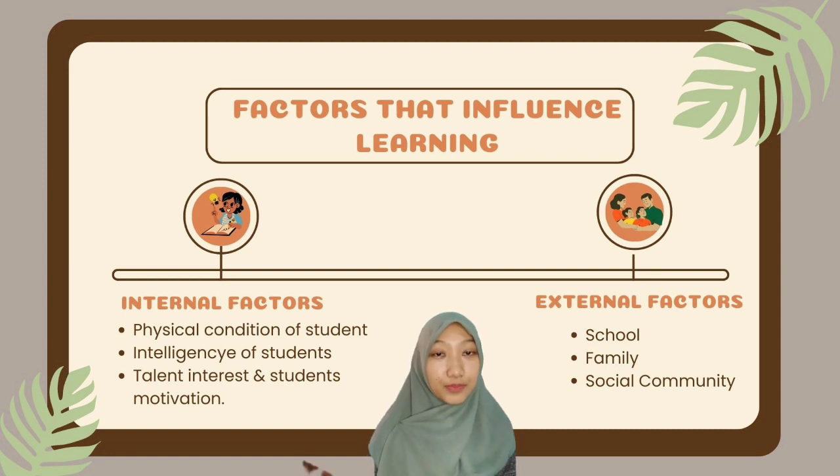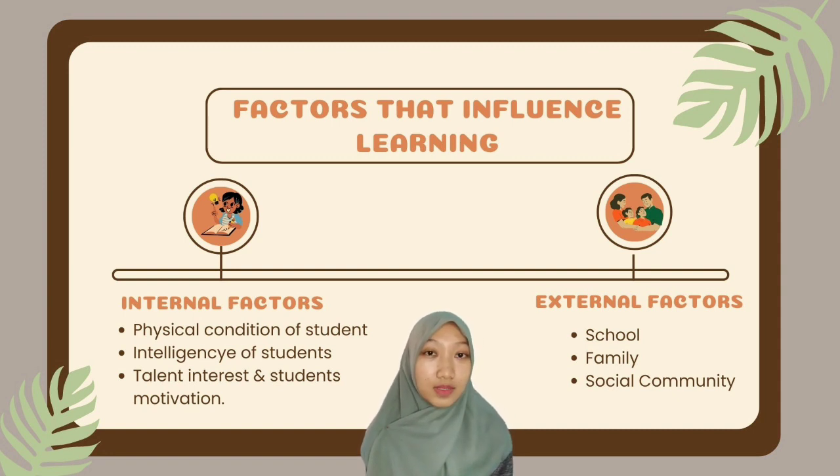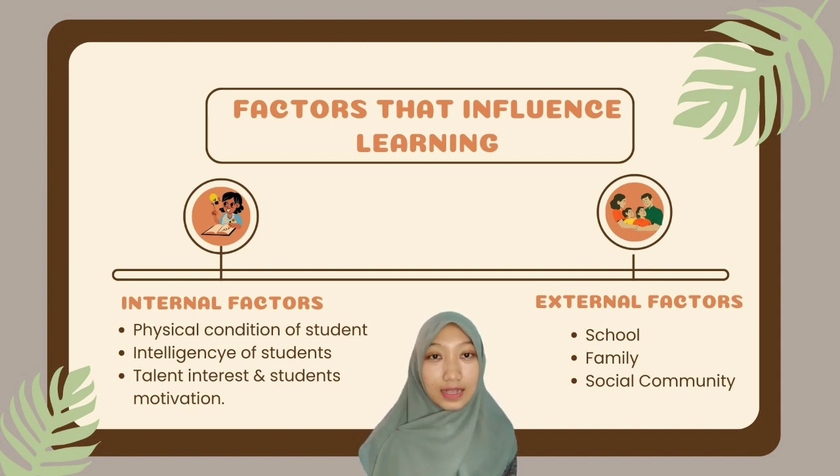Facilities even affect the process and learning outcomes of elementary school children at school because of the important role of learning media for early age students. And second, family. The role of parents in the success of learning processes and outcomes is inevitable.